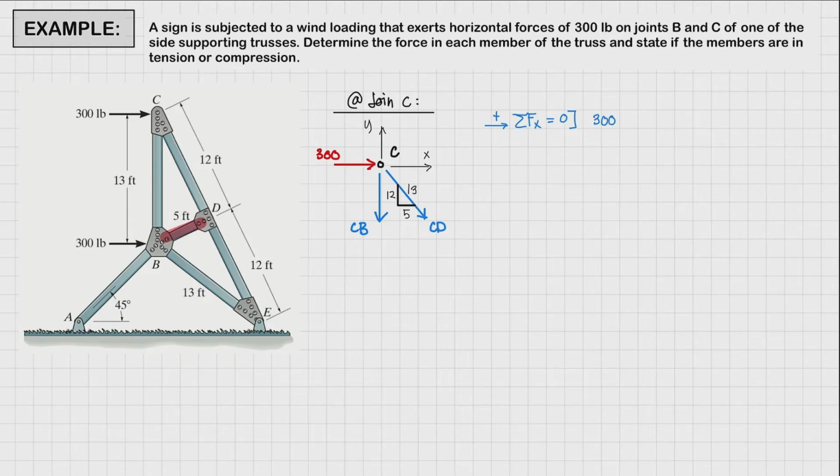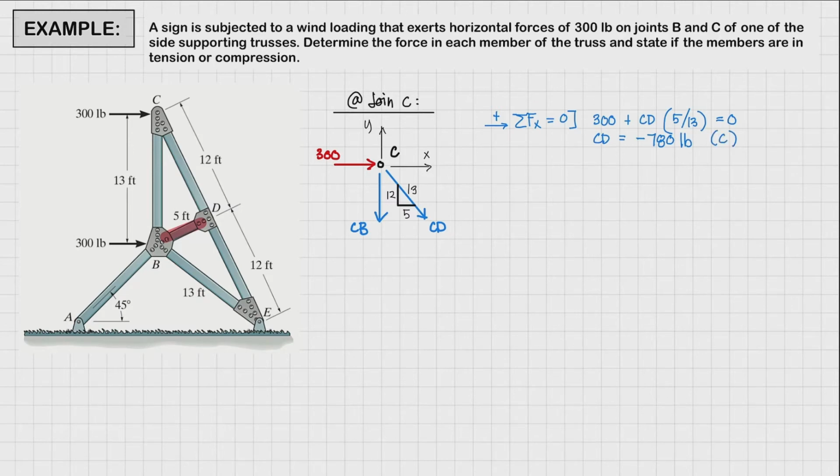And then we have the horizontal component of force CD, which is positive CD times 5/13. And the whole thing must be equal to 0. So we have one equation, one unknown, solving for CD. It is going to be equal to negative 780 pounds. Since this has a negative sign, that means that our member CD is under compression.